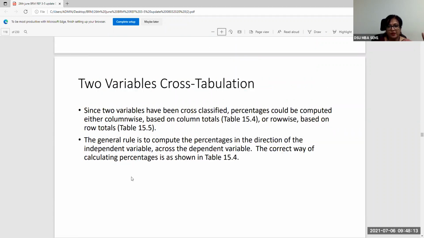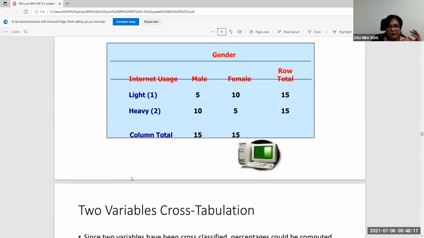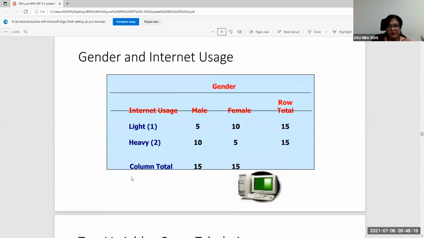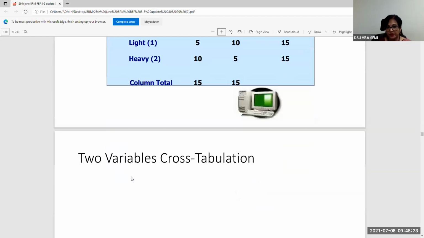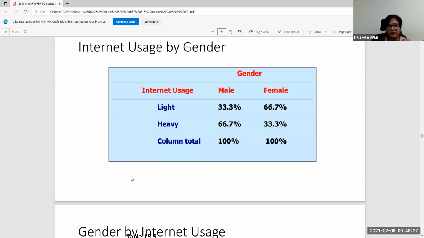So you might want to understand how the demographic aspect of gender plays out in internet usage. Therefore, these two variables have been used. So similar such decisions can be taken by people to understand how they want to represent the data. So what you see here is again cross tabulation, but here it is in the form of percentage.